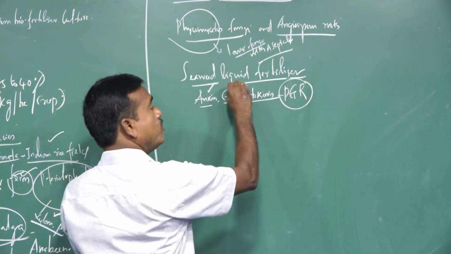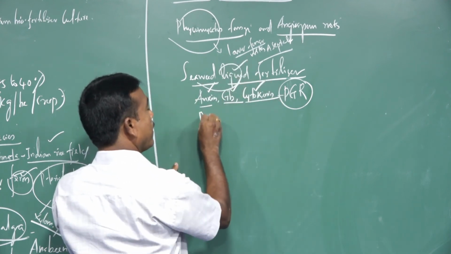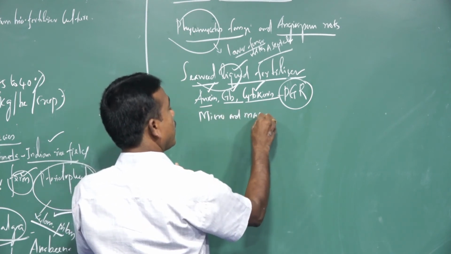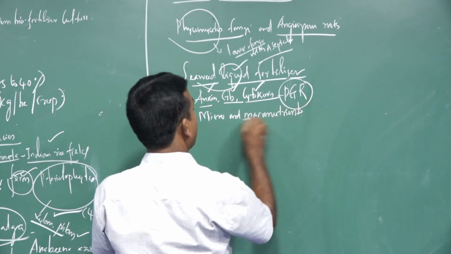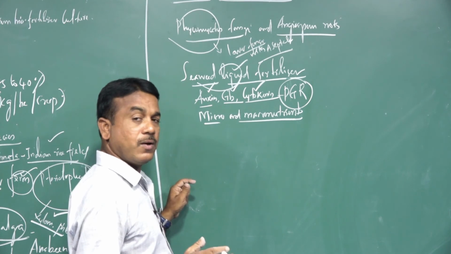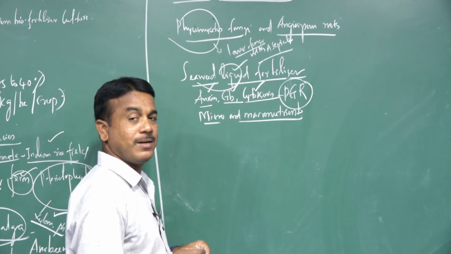Apart from auxin, gibberellin and cytokinin, seaweeds also contain micro and macronutrients. In general, which type of seaweeds can be used as a biofertilizer?